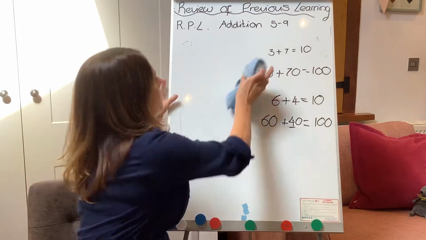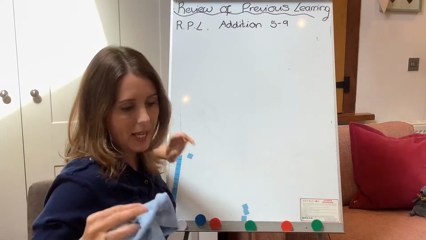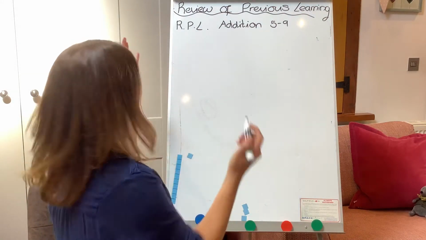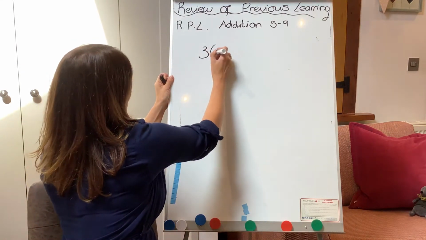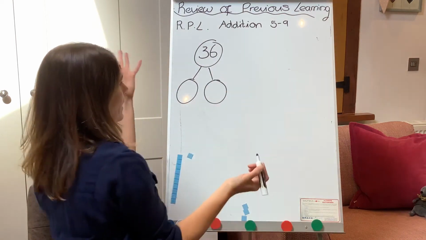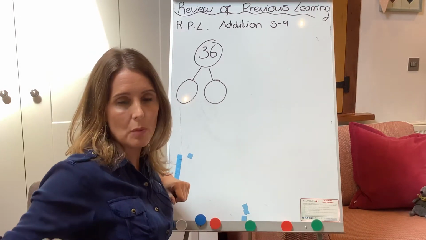We also looked at partitioning numbers to help us when we come to add. So we looked at adding tens and ones. So firstly we looked at partitioning numbers in different ways. So 36 could be partitioned into tens and ones. How could we partition 36 into tens and ones?